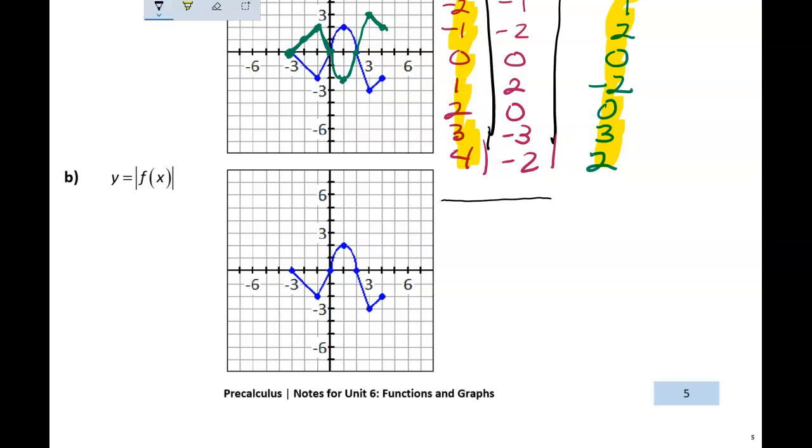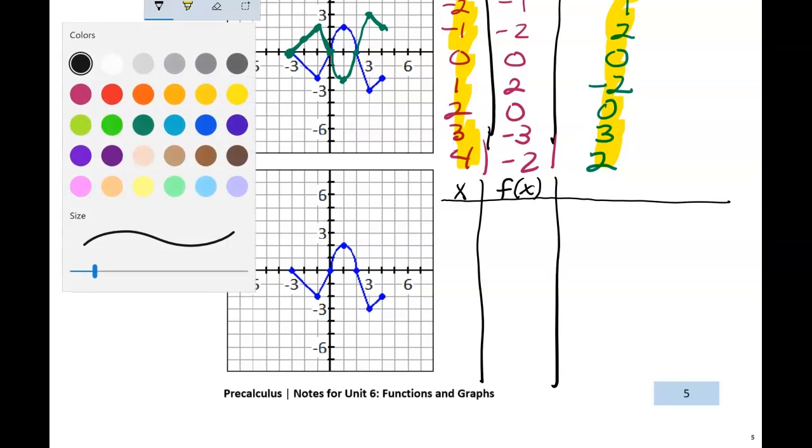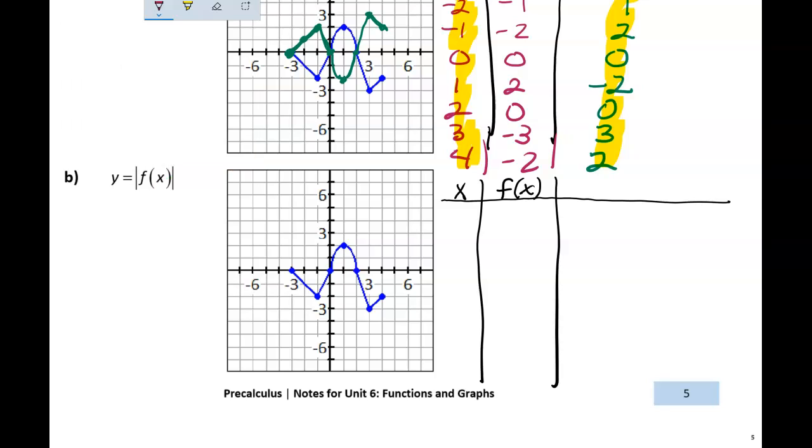This is y is equal to the absolute value of f of x. So we're going to plug in our x and our f of x values into the table, same as we did before. It just so happens we're using the same function for each of these questions, but we don't necessarily have to.